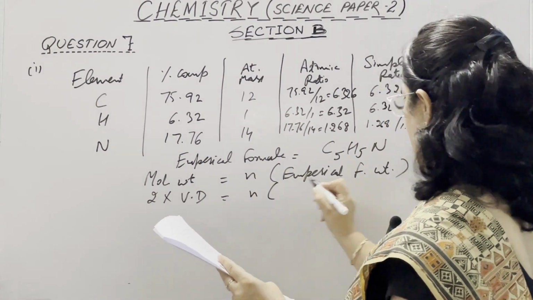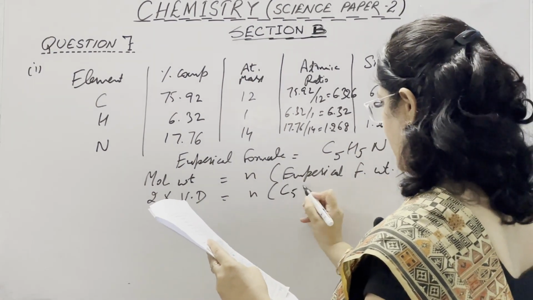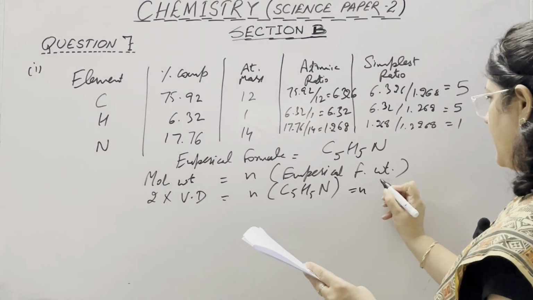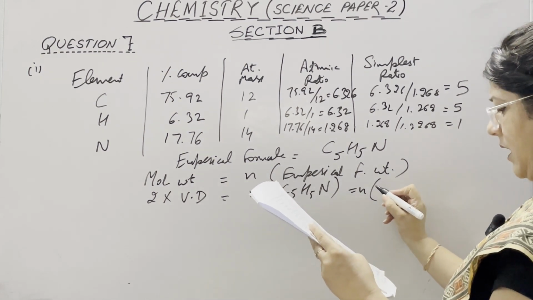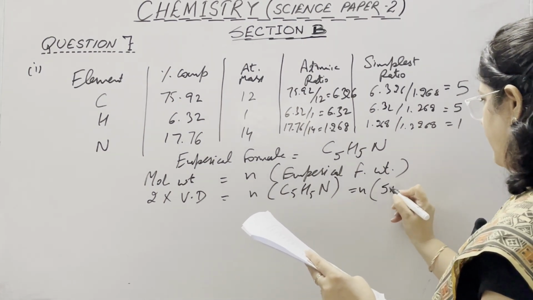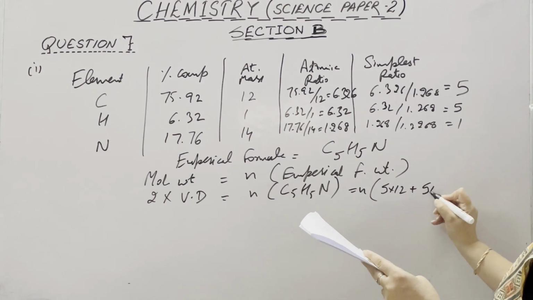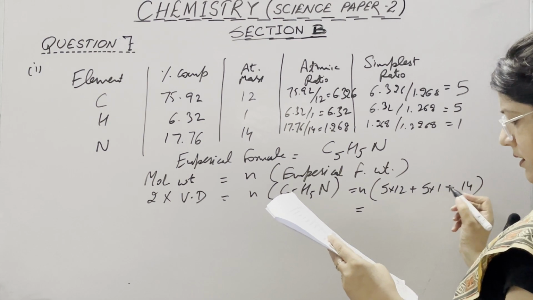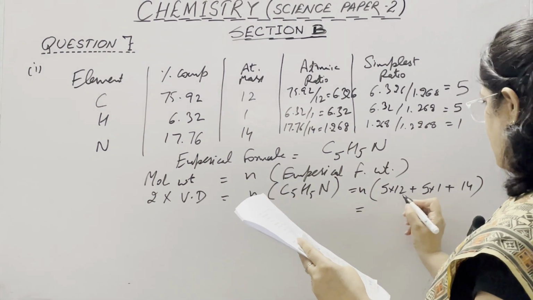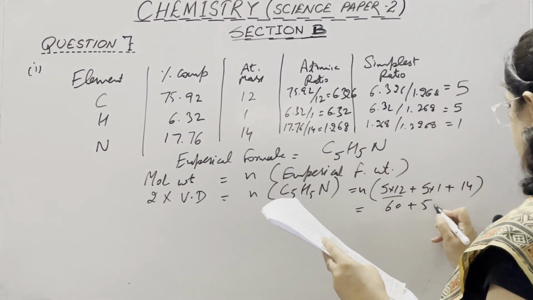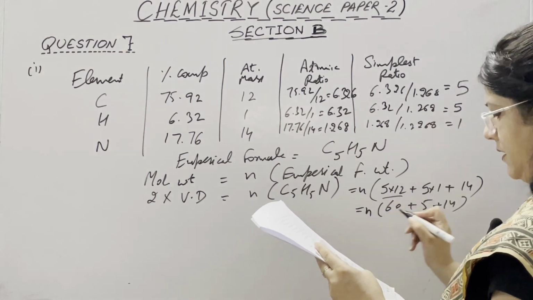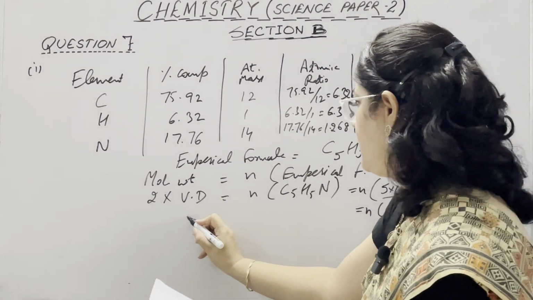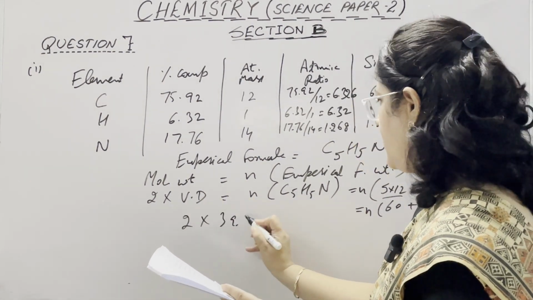So for the empirical formula C5H5N, the empirical formula weight is for carbon 5 into 12, for hydrogen 5 into 1, and for nitrogen 14. In total this comes out to be 60 plus 5 plus 14, which means 79.